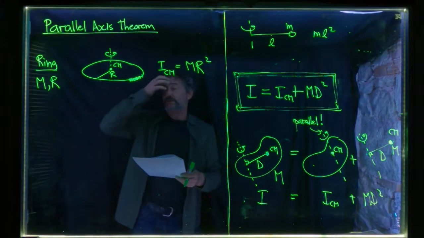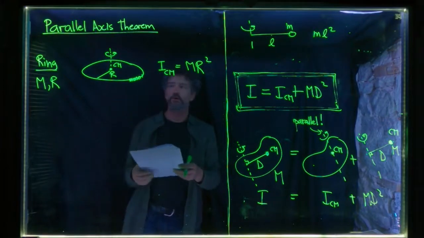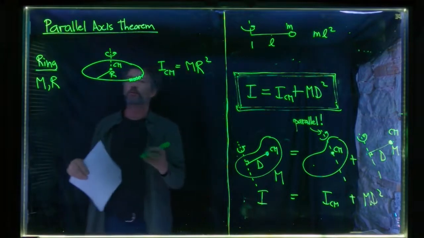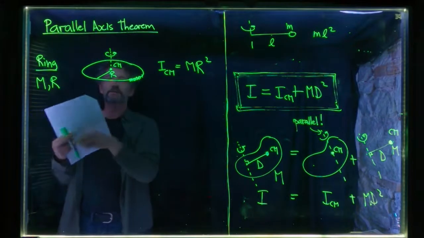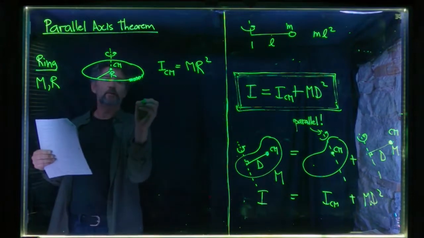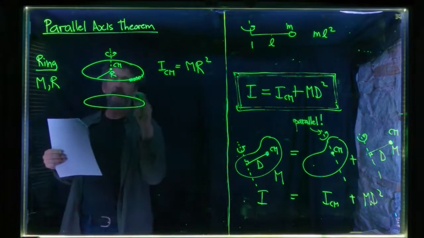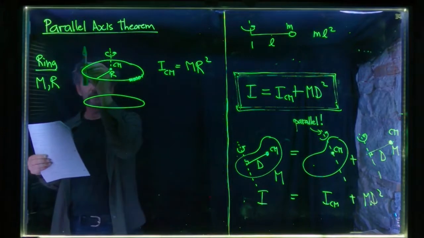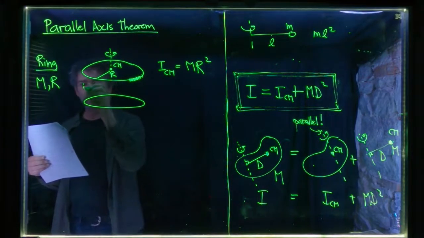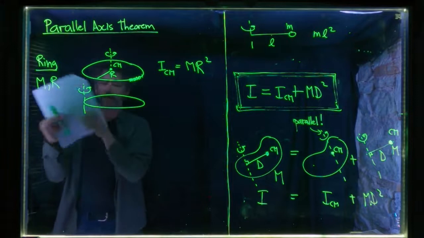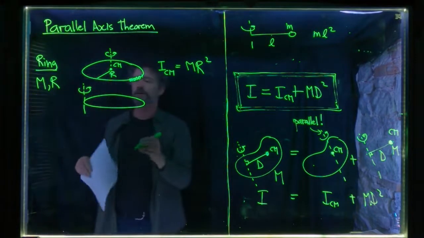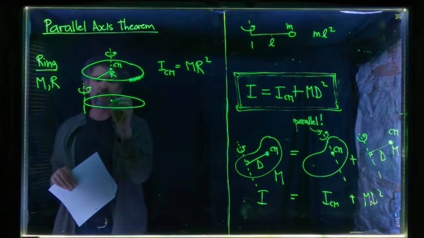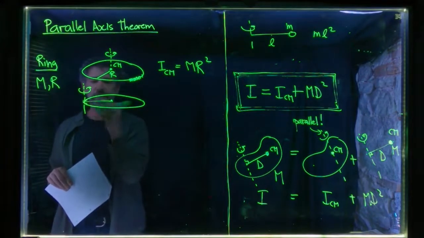Okay, so that's great. But now we ask the question, well, suppose that rather than rotating this bicycle wheel about the center of mass, let's rotate it about an axis that is parallel to this, parallel axis theorem, on the edge of the wheel. So now we've grabbed the wheel at the end and it's swinging around like that. The perpendicular distance from the center of mass to our new axis of rotation is r.